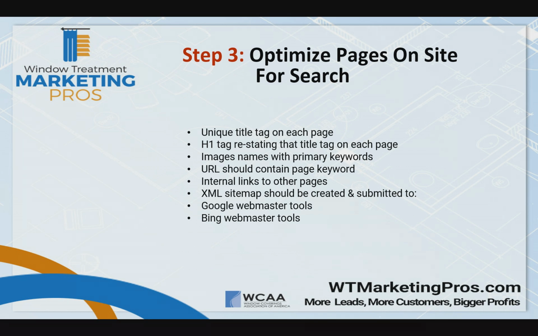There's also something called an XML sitemap, which if you're using a platform like WordPress, these are created for you. Those need to be submitted to Google Webmaster Tools, which is now called Google Search Console, and then Bing Webmaster Tools, so Bing has their own version of that as well.